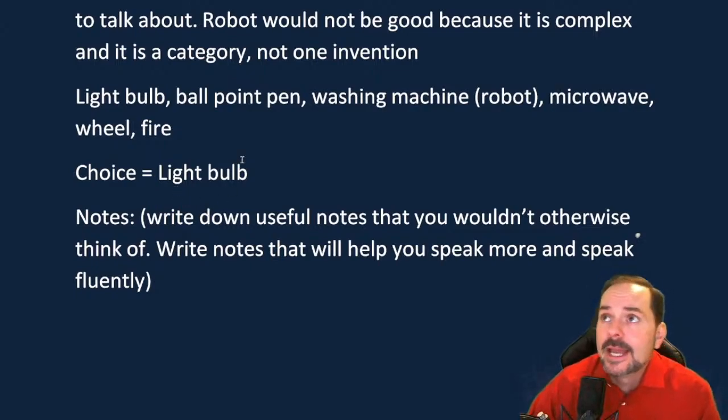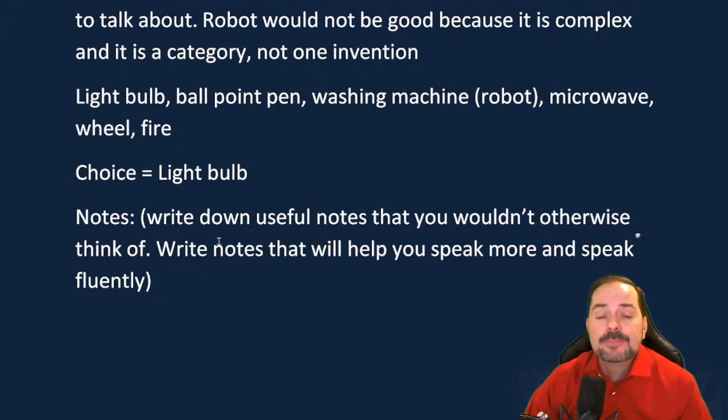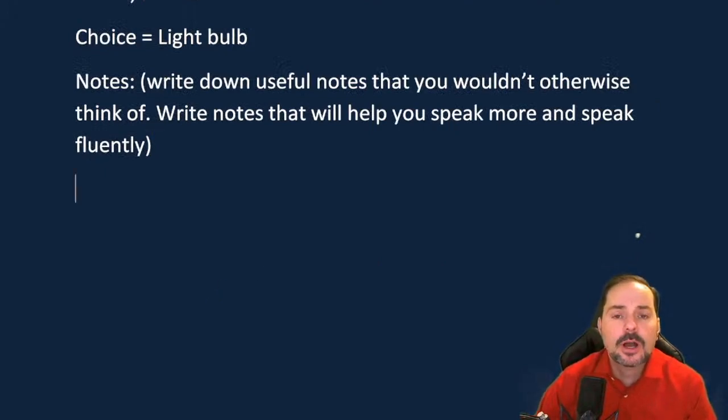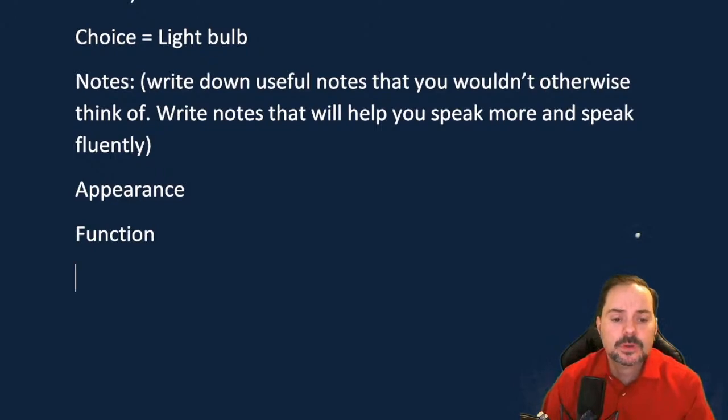Now I'm going to write down some useful notes that will help me to expand on what I'm going to say. Okay. So Rajveer, you just saw the question. Okay, so I know I have to talk about the appearance. Okay, I have to talk about its function, how it works. Okay, I have to talk about its origin before its function. Okay, and I have to talk about its significance.